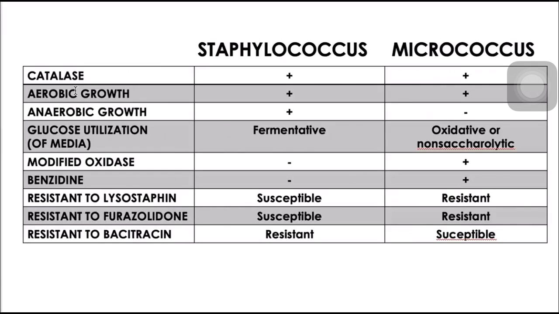Next, for aerobic and anaerobic growth, Staphylococcus is known to be a facultative anaerobe, so it can grow in aerobic as well as in an anaerobic environment. While Micrococcus, on the other hand, is an obligate aerobe that can only grow in the presence of oxygen, and it is inhibited or cannot grow in an anaerobic environment.